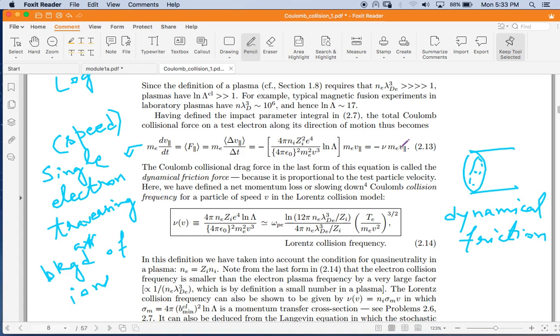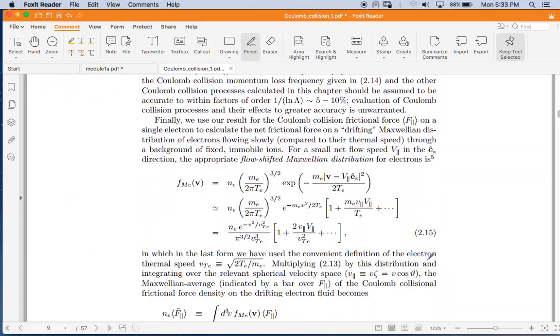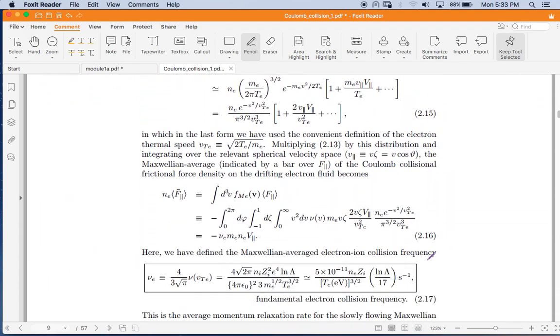There's not much deflection, and therefore, since you're sticking in an extra V, you're just sticking in a V, f(V) dV, in order to calculate the average V. So you have an extra V here, and that's why you have a V squared here.